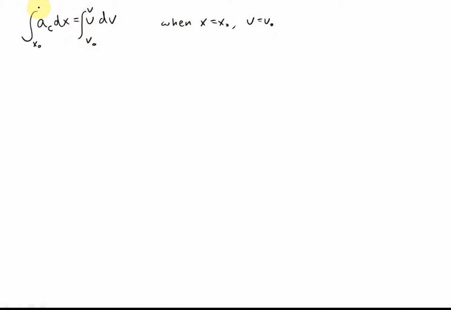Then ac is constant, so ac times x minus x naught equals 1 over 2 v square minus v naught square. So this is 2 ac times x minus x naught equals v square minus v naught square.